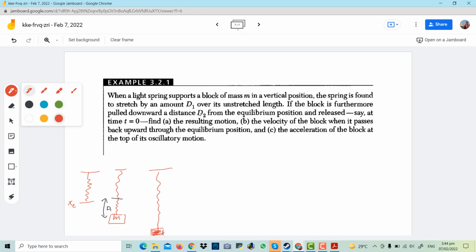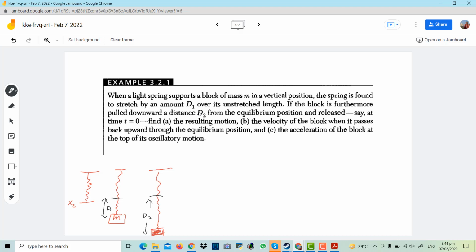You pull the mass downward at a distance of D2, so therefore you have the position from the equilibrium. You pulled it some distance down here.